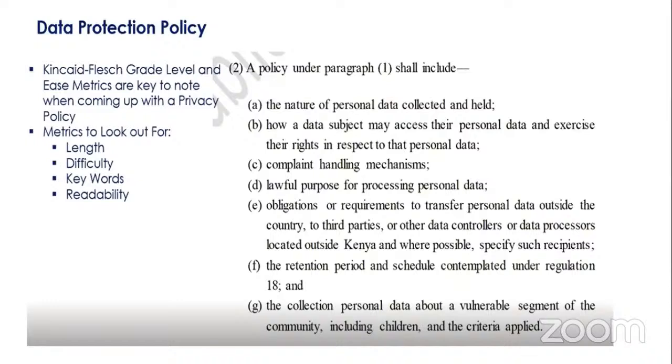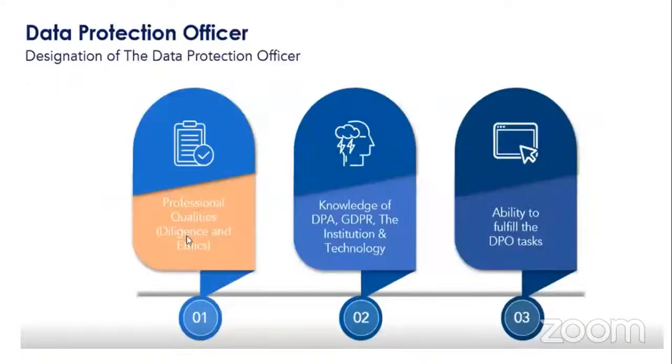So as an organization, you need to have a policy to ensure that the organization is adhering to the Data Protection Act. You also need the person I'm referring to as a data protection officer, a person within the organization who ensures that data is well protected and comes up with strategies on how we should collect data.